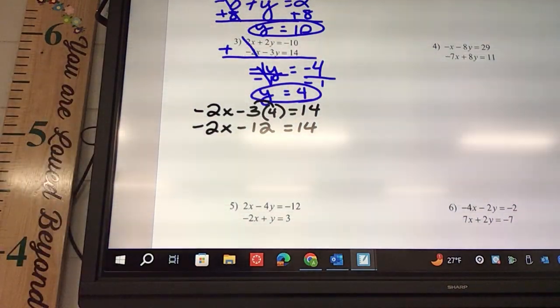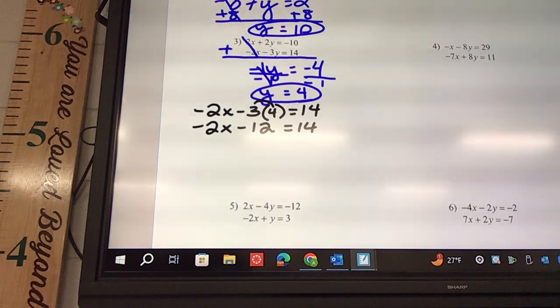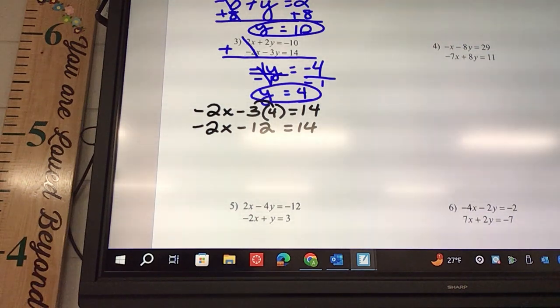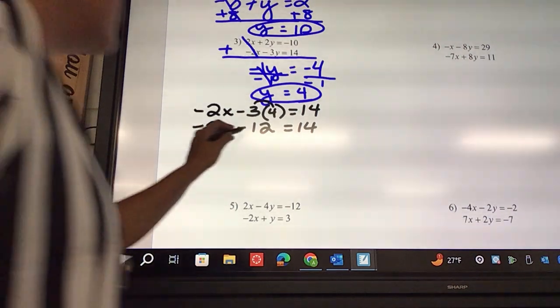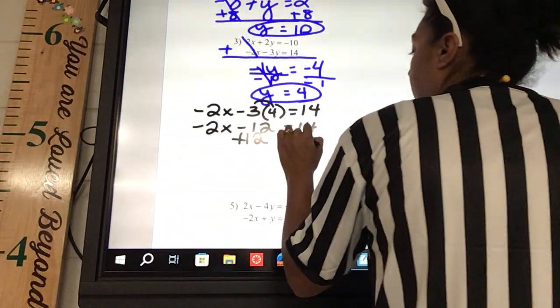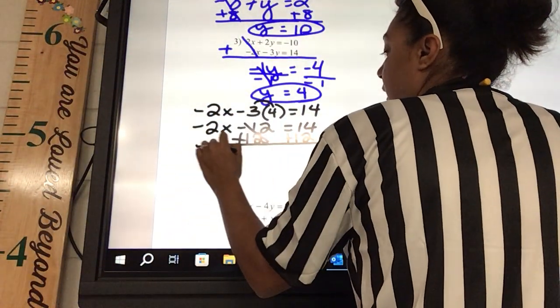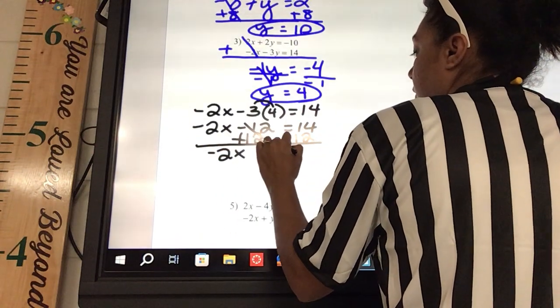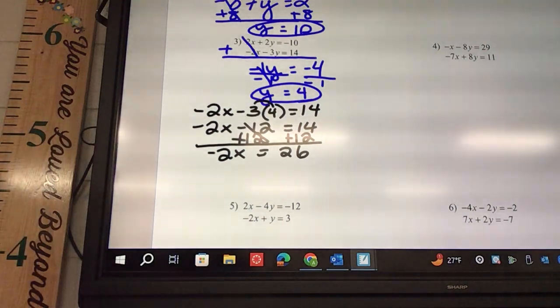And then what needs done? Plus 12 on both sides. So I got negative 2x equals 26. What's our last step?